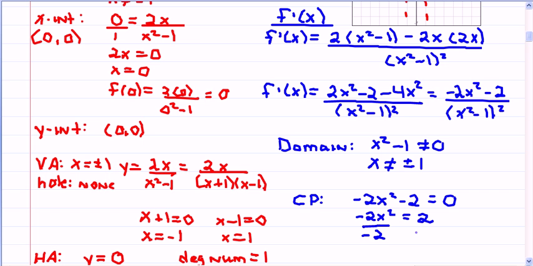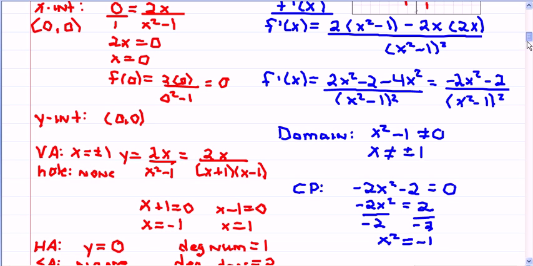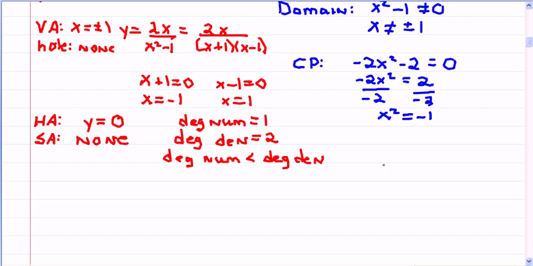When I divide this by negative 2, I have x squared equals negative 1. So when I take the square root of both sides, I get x is equal to plus or minus i. This means that there are no critical points.